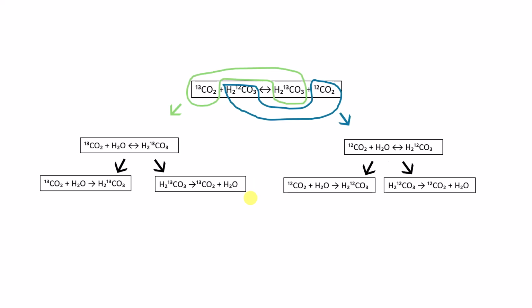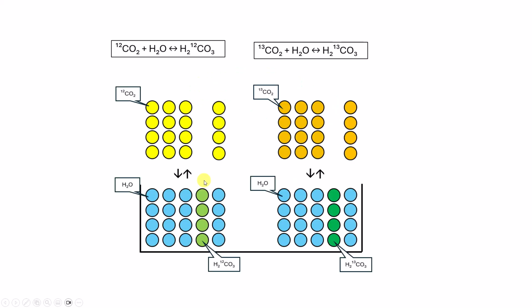So we will revisit the first slide, and so this was the main reaction and the subsequent heavy isotope and light isotope substitutions. And the mistake that I was making here was that I was reacting an equal amount of both with water.